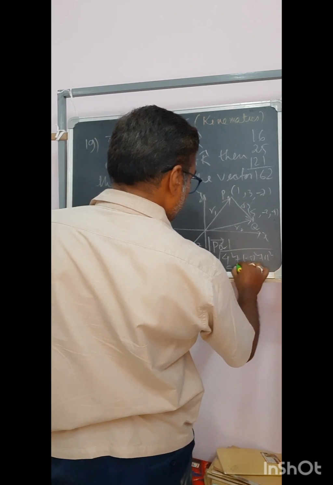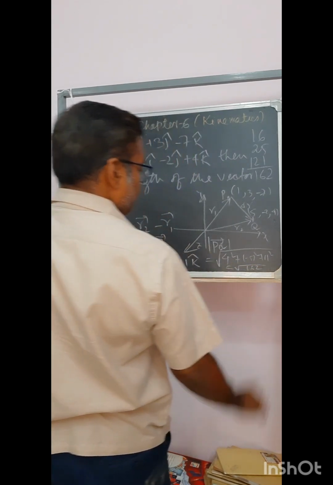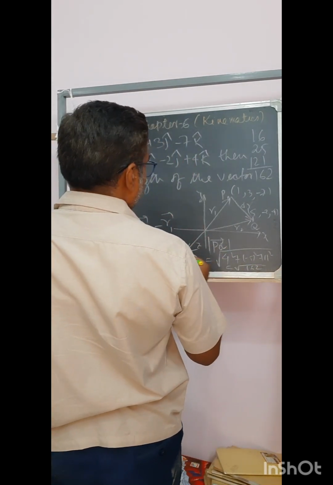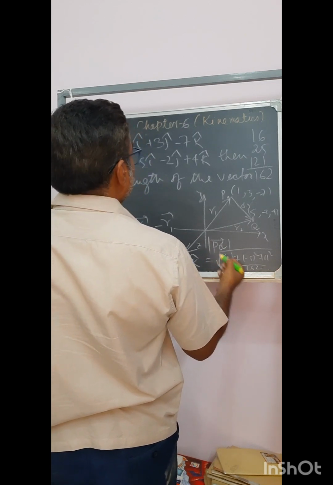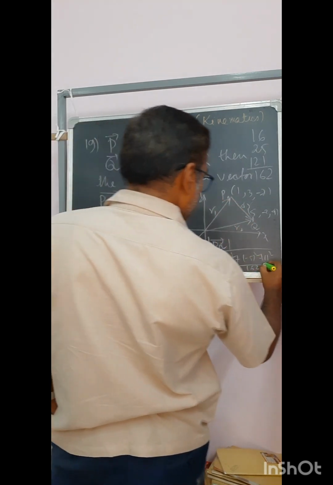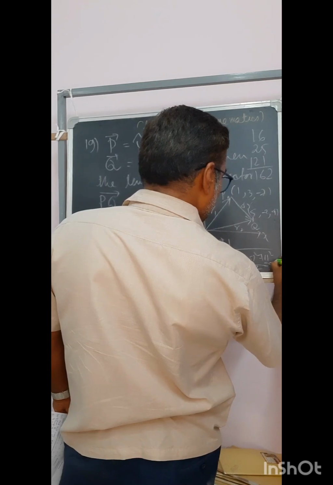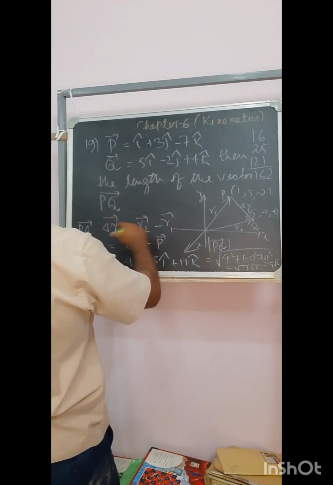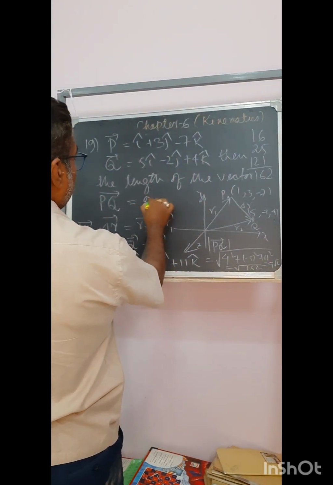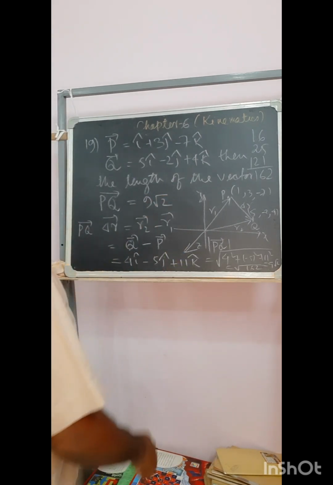So this will be the square root of 162. That means 81 into 2, which is equal to 9 root 2. So here the value of the length is 9 root 2. So this will be the value.